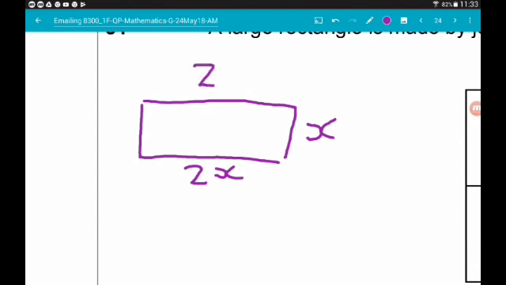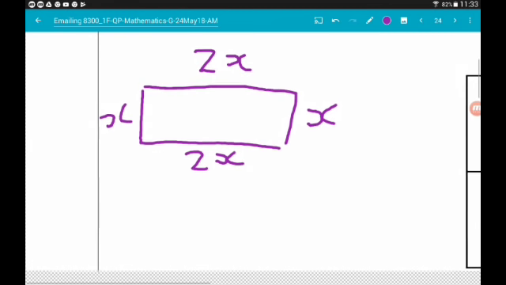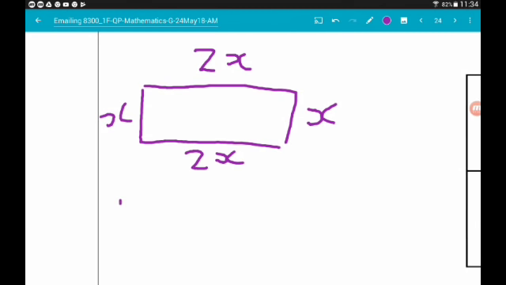So we can actually work out an algebraic expression for the perimeter of one small rectangle. So the perimeter of this chap is x add 2x add x add 2x, which is 6x.